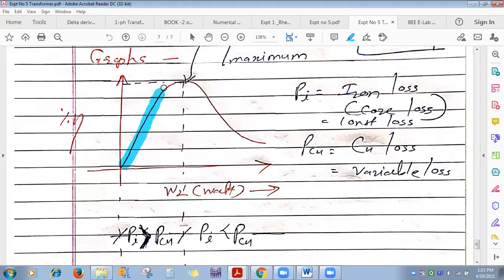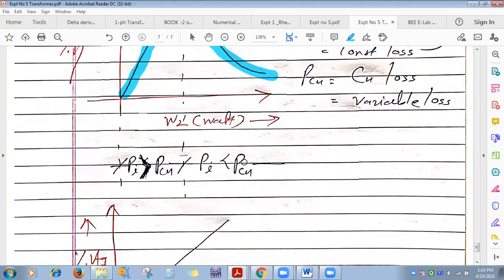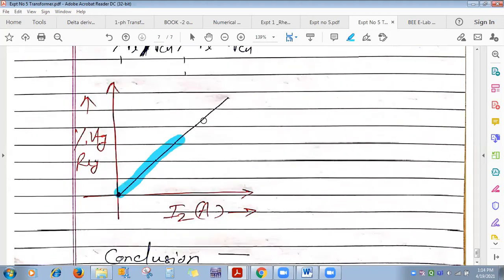In this region, iron loss is greater, that's why efficiency increases. At maximum efficiency, both the losses are equal, and later on copper loss becomes greater than iron loss, that's why efficiency starts decreasing. So if you plot a graph between efficiency versus output power, you will get the nature like this, and voltage regulation versus output current, you will get the nature like this.